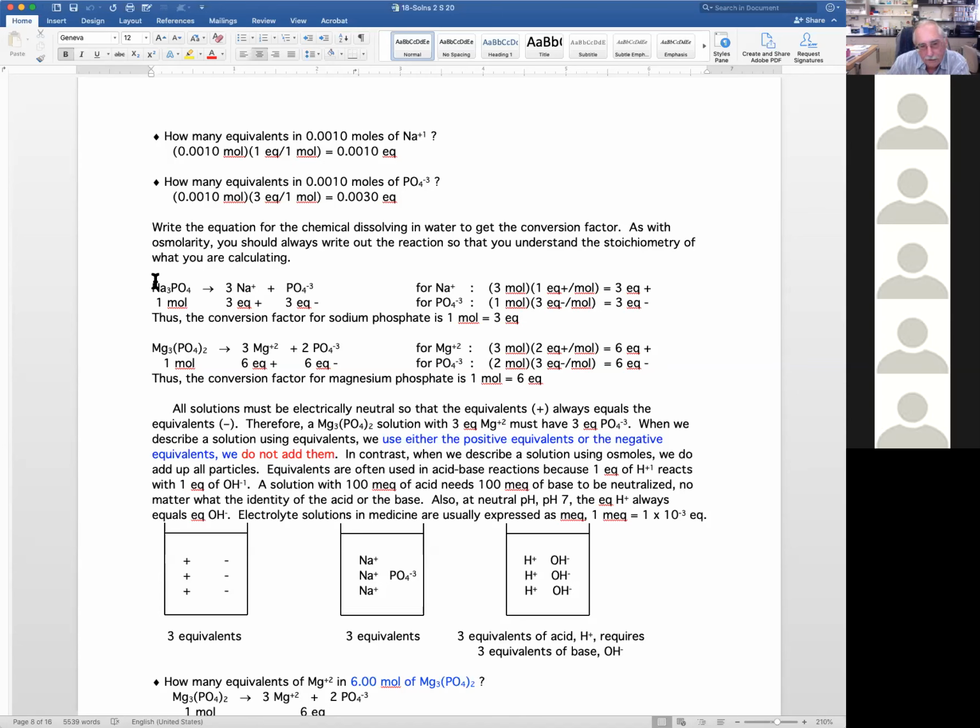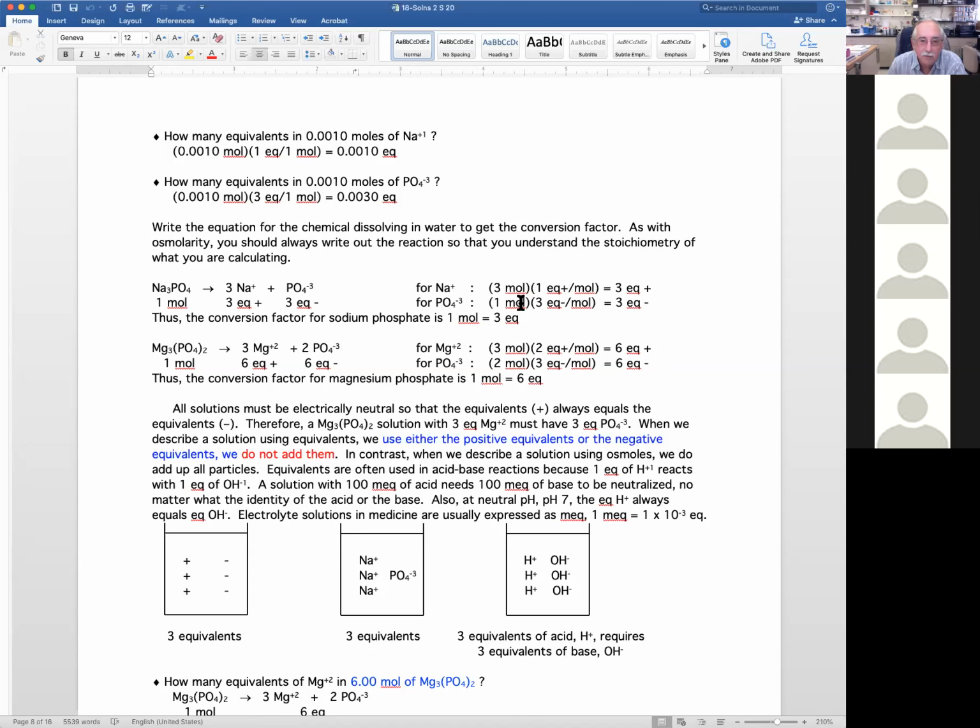So look at, not even in solution, let's just look at this. 1 mole of sodium phosphate gives me 3 equivalents of positive charge and 3 equivalents of negative charge. So for sodium, here's how it was calculated. We had 3 moles at 1 equivalent positive charge per mole.